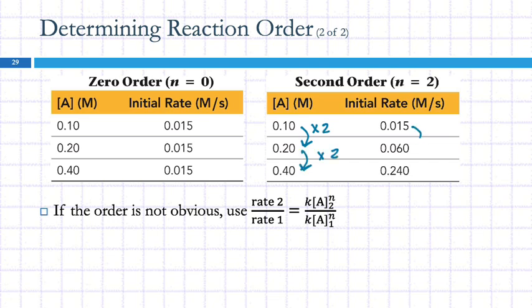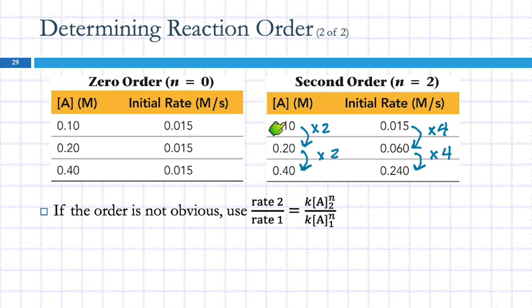And going from 0.015 to 0.060, that's times 4, right? Again, take 60 and divide by 15 on your calculator, you're going to get 4. And 0.06 to 0.24, also times 4.